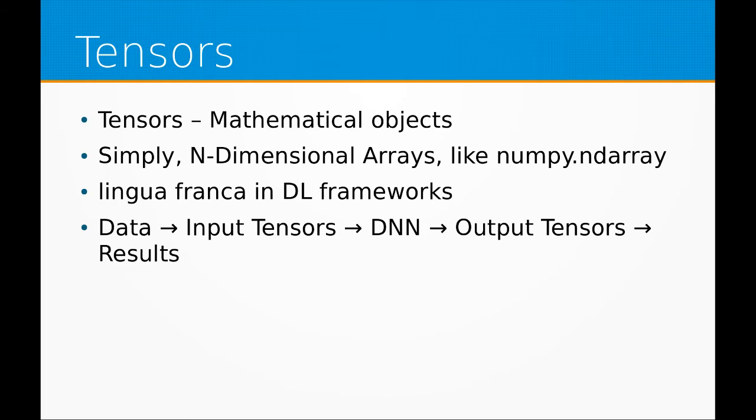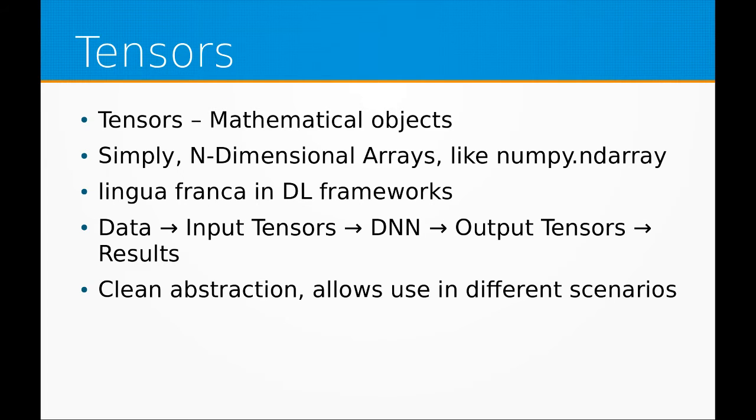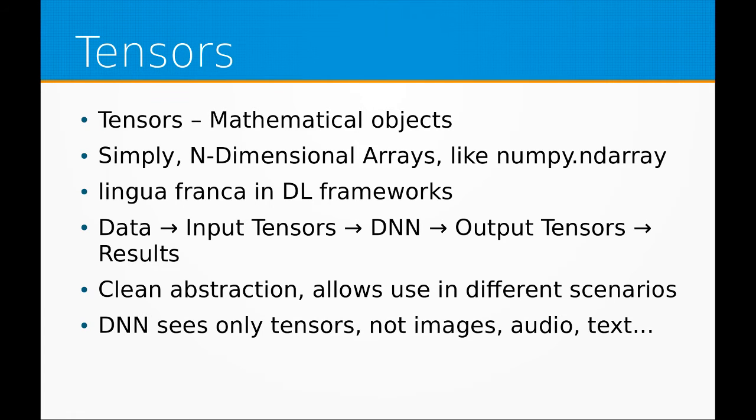You throw it in a deep neural net, and you get output tensors. Probably after a softmax layer, you have a probability distribution, and then you do post-processing on that and get out your results. So this allows a clean abstraction, and it allows your deep learning framework to be used in multiple scenarios. What I mean by clean abstraction is that a neural net sees only tensors.